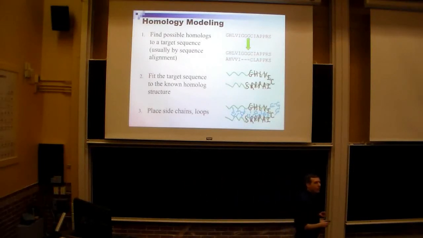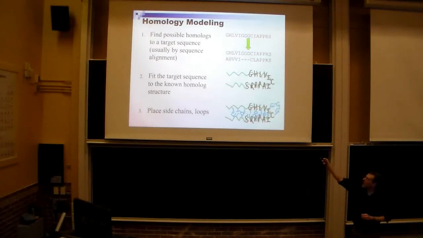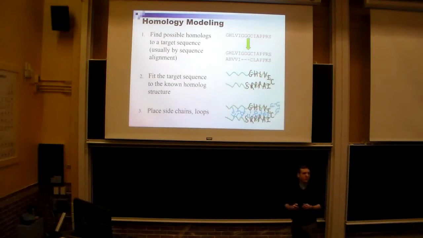Homology modeling is an alternative to this that is often much more trusted and much more reliable. The way homology modeling works at a high level is we take a sequence whose structure we want to know, and we search through databases of other sequences whose structure we know.